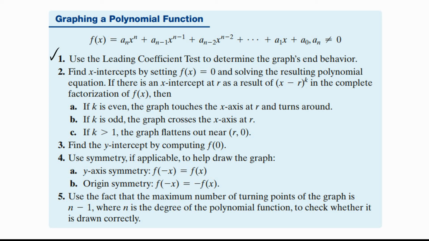If we have even multiplicity, then the graph touches at the x-intercept. If k is odd, then the graph will cross at that particular intercept. We can find the y-intercept by just setting x equal to 0, and then check symmetry. And then we can look at the turning points.